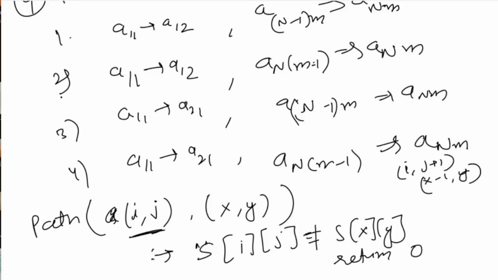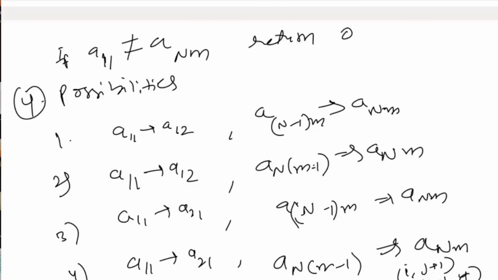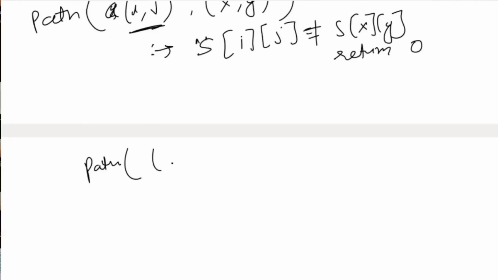So I am extending this basic result to a general result. So it is equal to path of, we can move to I plus 1 comma j, that is, if this is I comma j, then we have moved to I plus 1 comma j, that is 1 unit down.